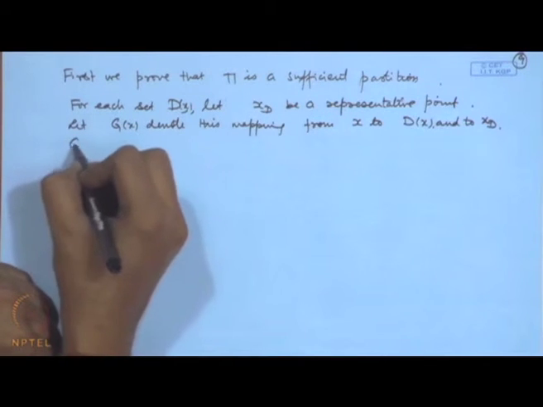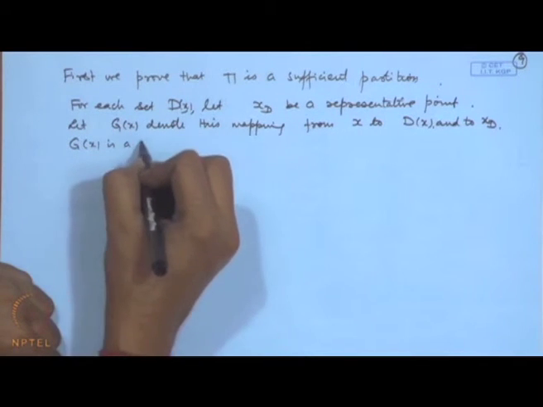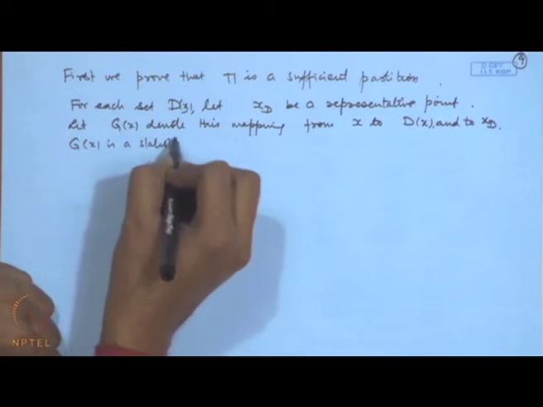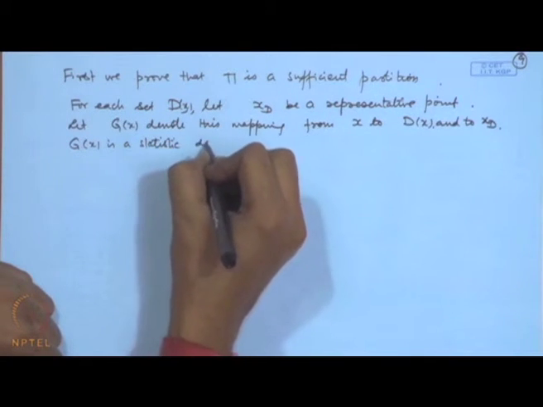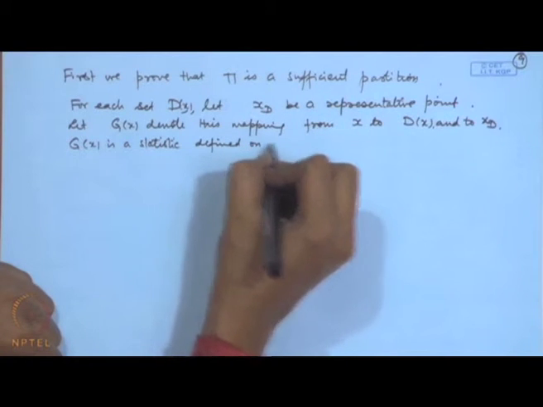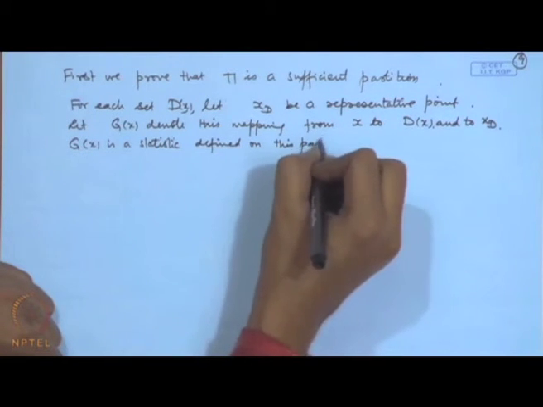So, G(x) is a statistic defined on this partition.